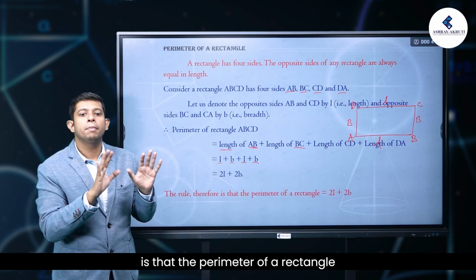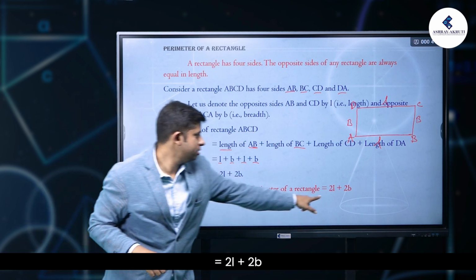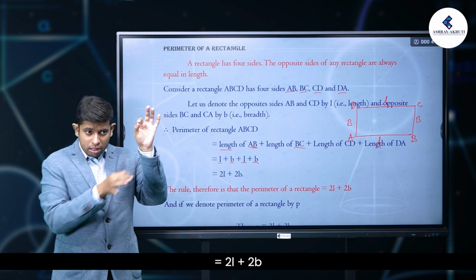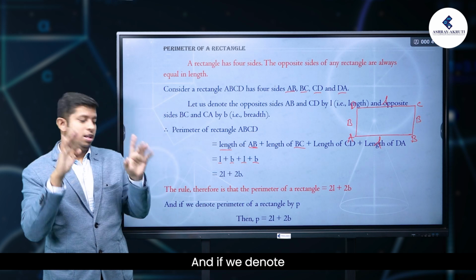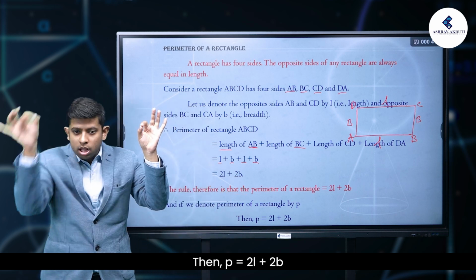The rule therefore is that the perimeter of a rectangle is equal to 2L plus 2B. And if we denote perimeter of a rectangle by P, then P is equal to 2L plus 2B.